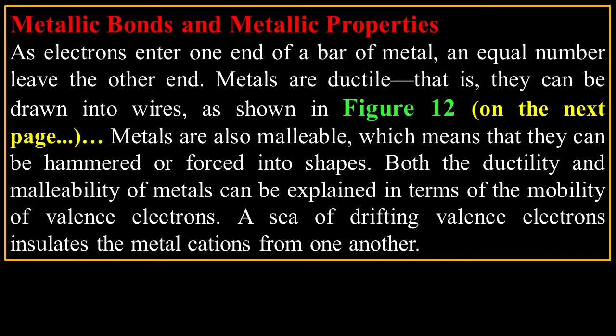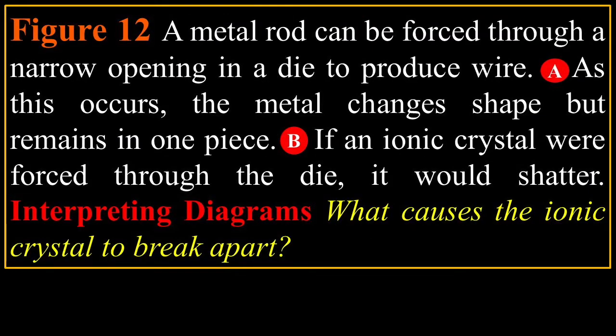Rather a significant sentence. A metal rod can be forced through a narrow opening in a die to produce wire. It's called ductility. As this occurs, the metal changes shape but remains in one piece. That's going to be A on the next slide. If an ionic crystal were forced through a die, it would shatter. What causes the ionic crystal to shatter? It's the fact that it's a crystal.